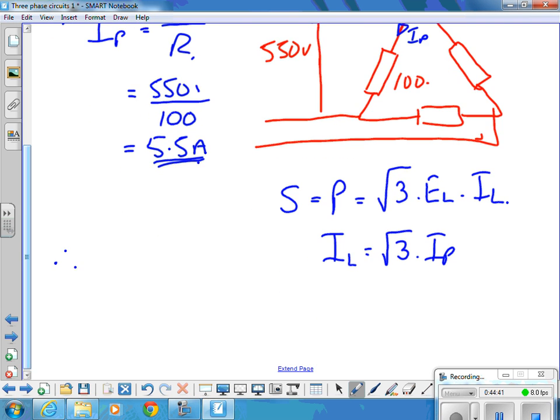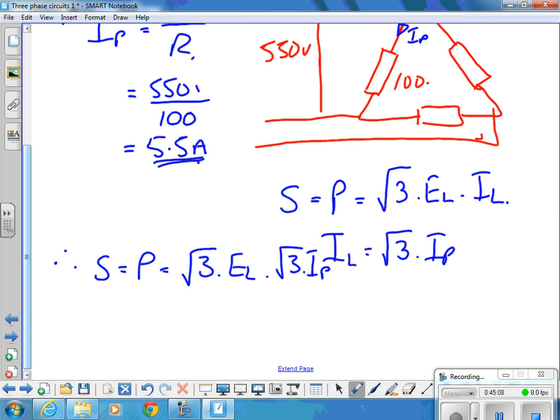Therefore, S, or total power, is equal to root 3 times EL times root 3 times IP. All of that.